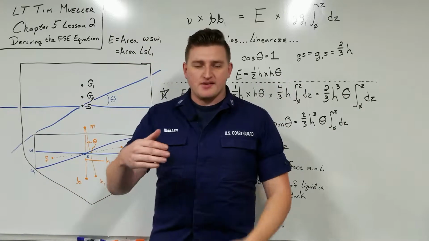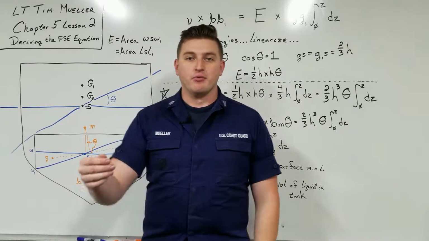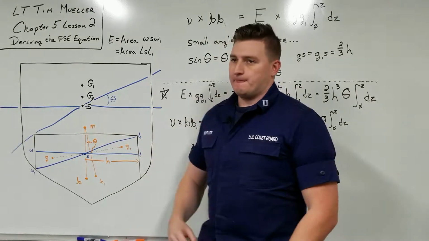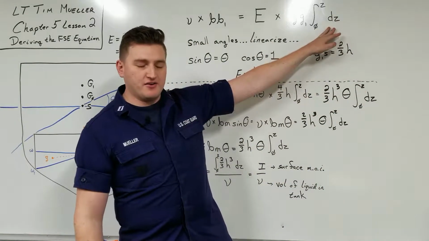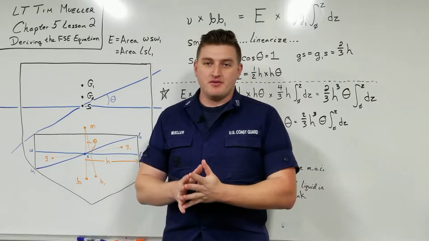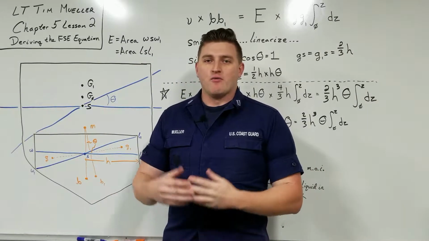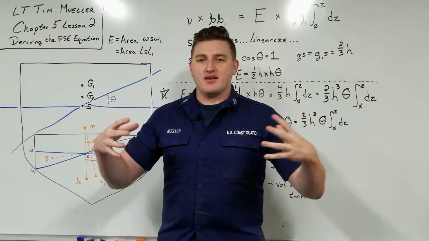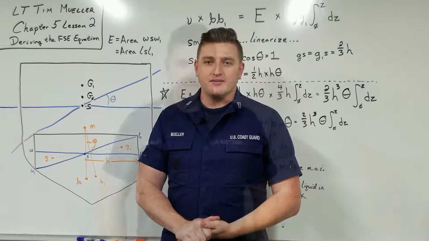Z is just the axis that goes into or out of the board. If you have a constant width of the tank, then this integral would just boil down to that length, L. However, we're going to take as many assumptions out of this equation as possible and then see how it all works at the very end.